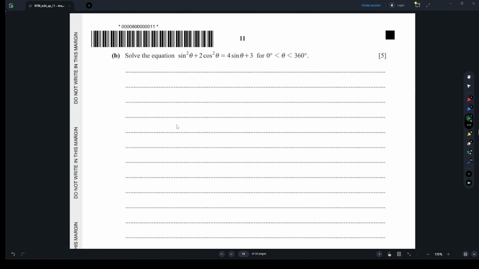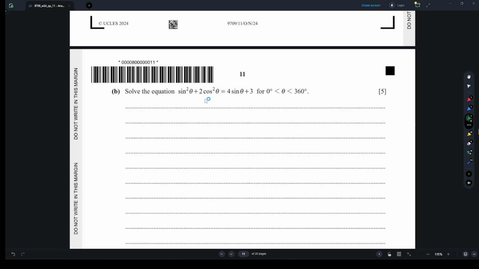I will tell you a trick. Here you have sine square theta and also sine theta. You should give the priority to sine theta, so you have to convert all the other things into sine.